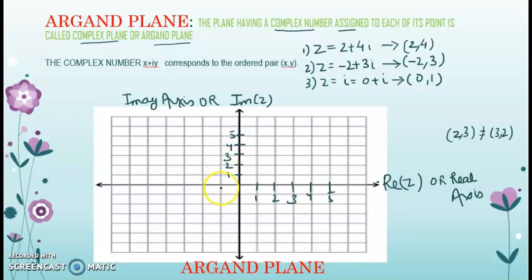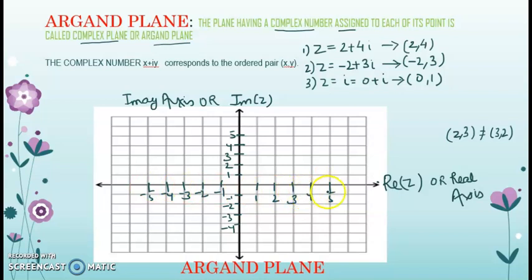Similarly, same thing as we have for x, and this will be negative 1, this will be negative 2, this will be negative 3, this will be negative 4, this will be negative 5, and so on. Same thing here, below 0, you can take this minus 1, this will be minus 2, this will be minus 3, and so forth.